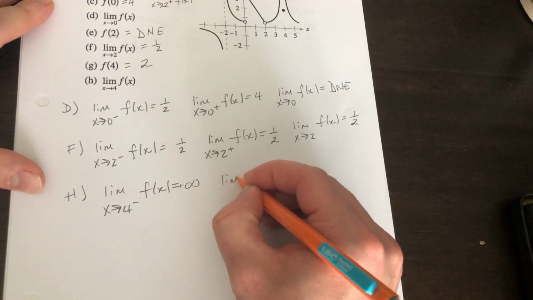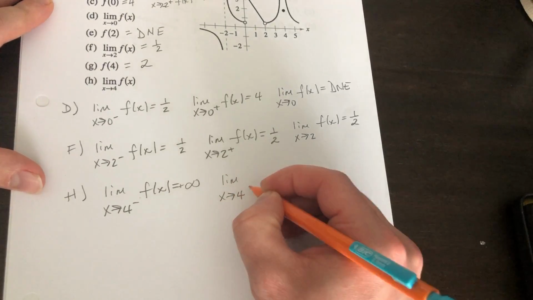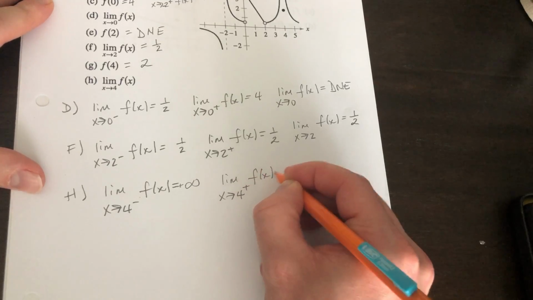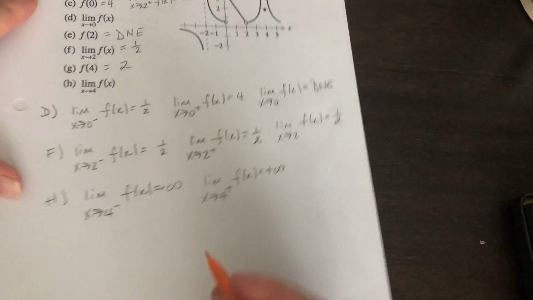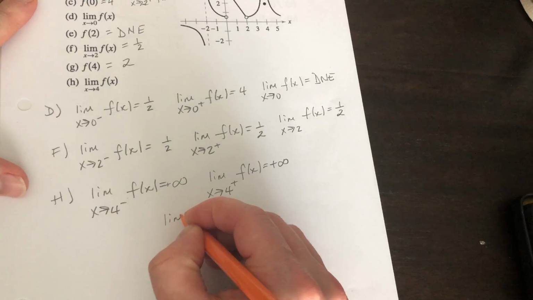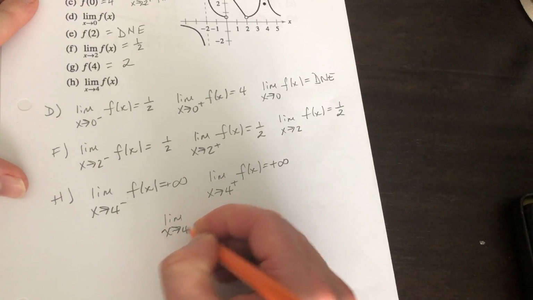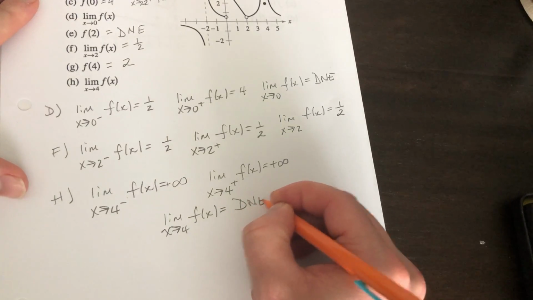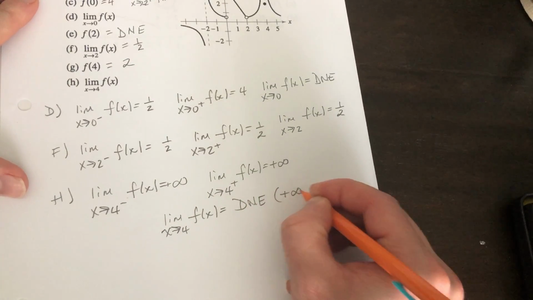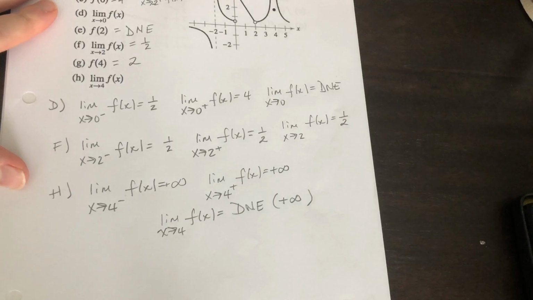The limit as x approaches 4 from the right-hand side is also positive infinity because it's going up. Okay, so the limit as x approaches 4 of f of x does not exist, but they both go to positive infinity if you want to describe the behavior.